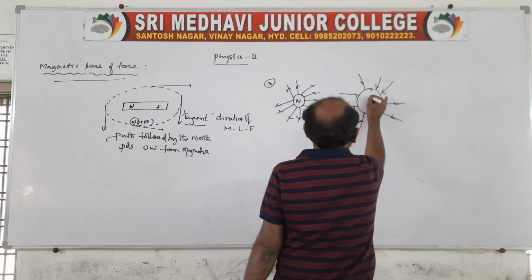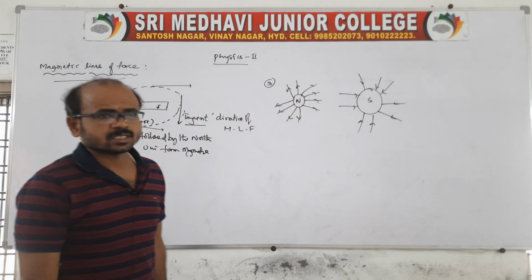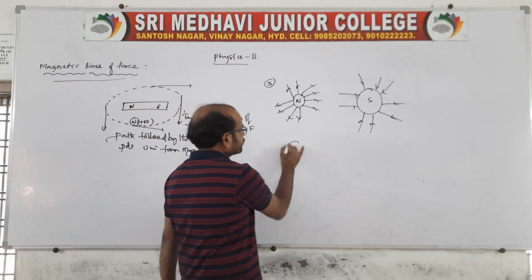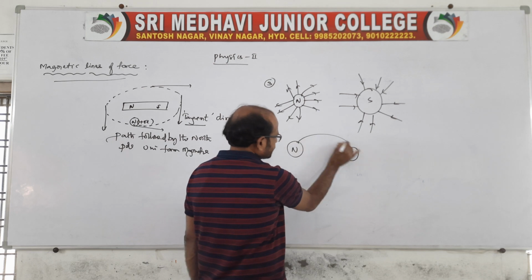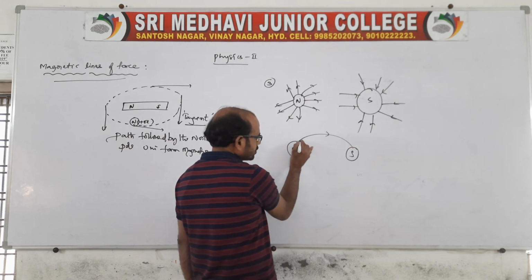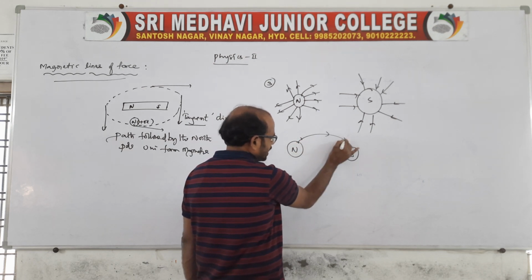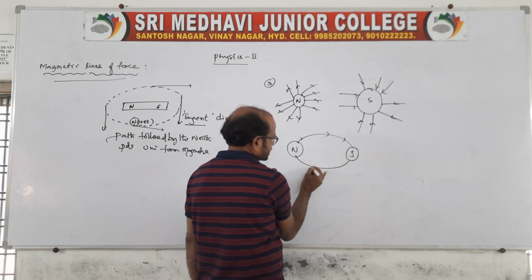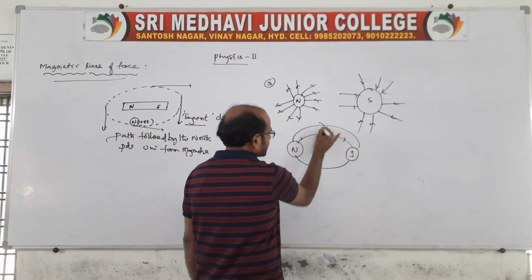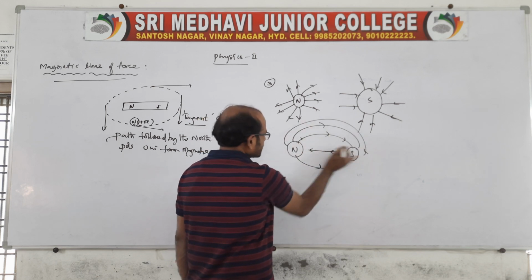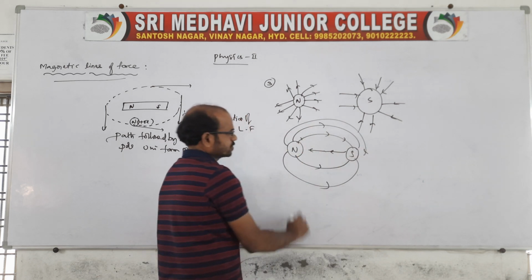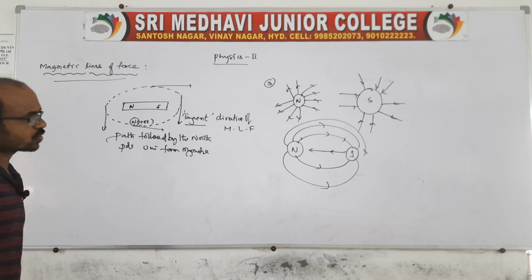So if I take a north and a south, the lines of force go radially outward from the north and into the south, like this. So that is why we call the magnetic lines of force closed curves.